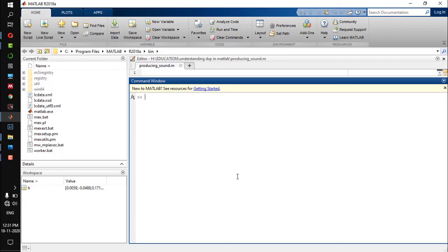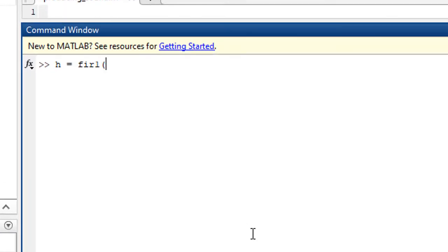The variable I am going to take here is h equal to, what is the command? FIR1, right? Totally 4 arguments I need to pass. First argument is order minus 1. Here order is 7, so 7 minus 1 is 6. Comma. Next is the cutoff frequency. It has to be in terms of pi. It was 3 pi by 4, so it is 3 by 4.